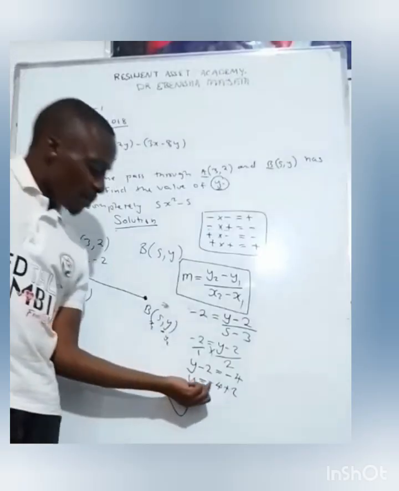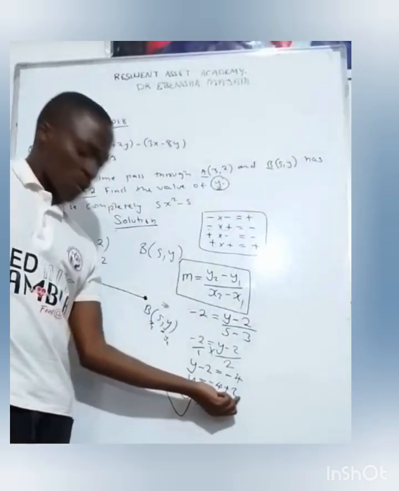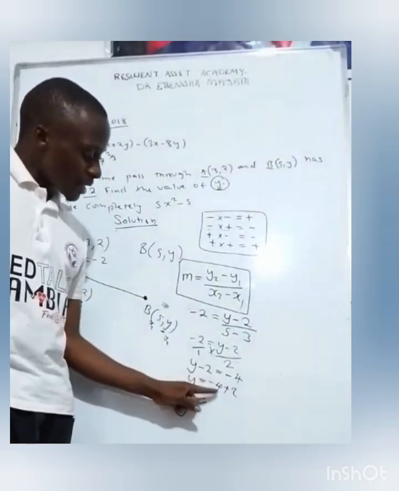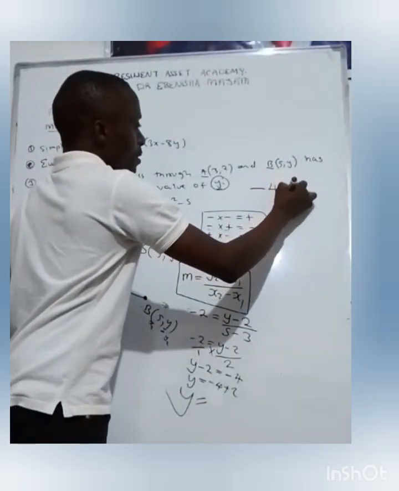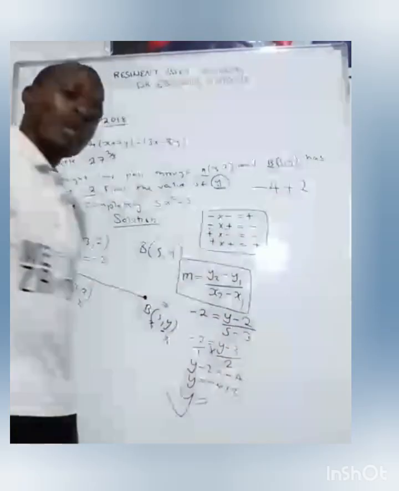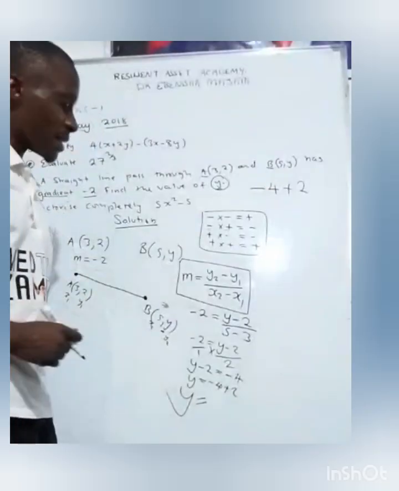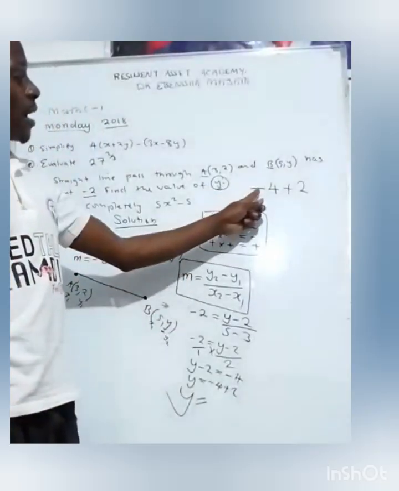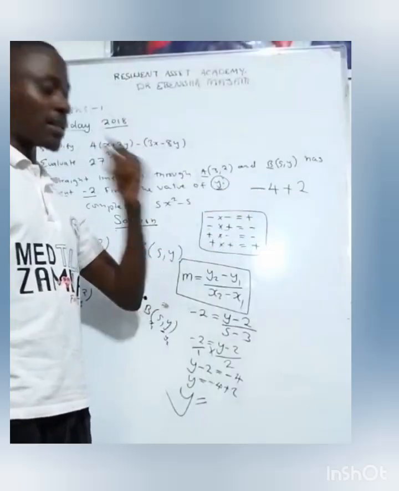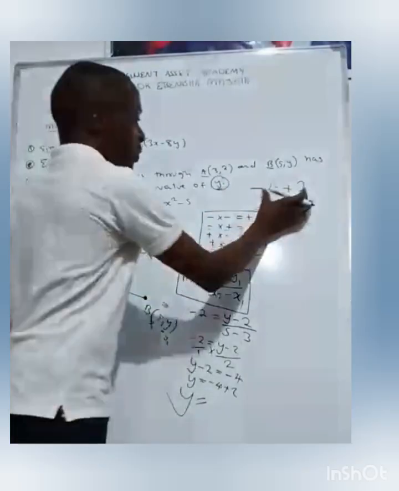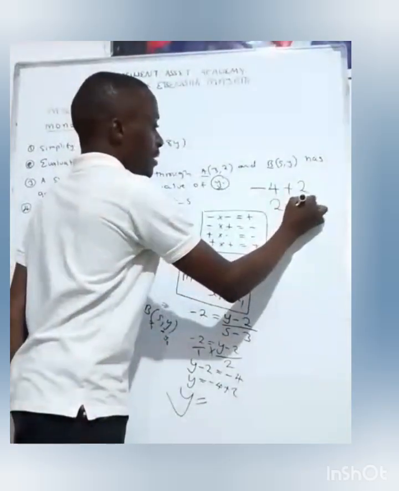So these are different signs. So what is there is minus 4 plus 2. Now the mistake is here. If you are adding here and there is a negative there, you are subtracting actually. Okay? Because we can write this as 2 minus 4. It's just the same. Now, 2 minus 4 is what?